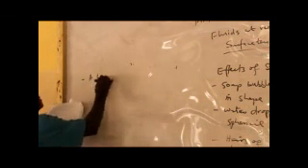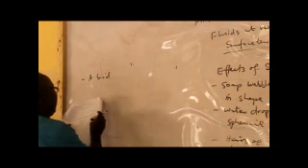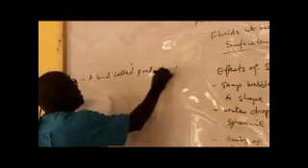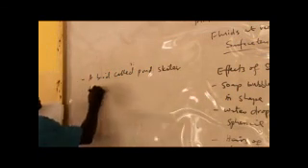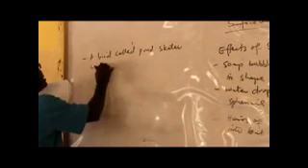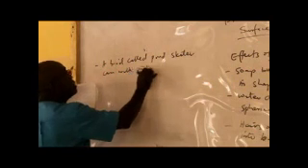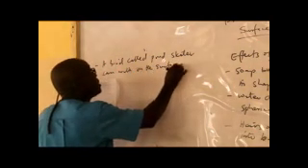So number 4 is a bird called the pond skater can walk on the surface of water.